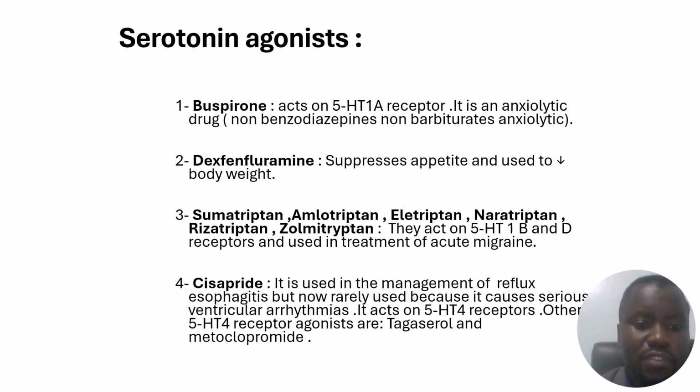We have cisapride. This one is a serotonin type 4 agonist used in reflux esophagitis, as we talked about, but because of its effects on the conduction system of the heart, you have to find alternatives like tegaserod and metoclopramide, which are much better.